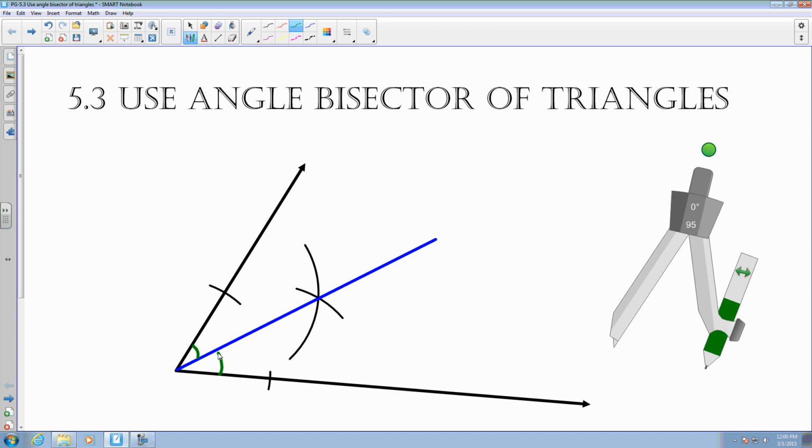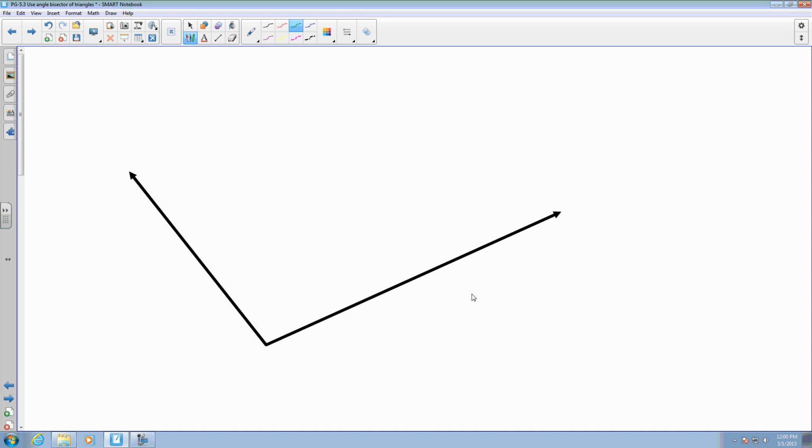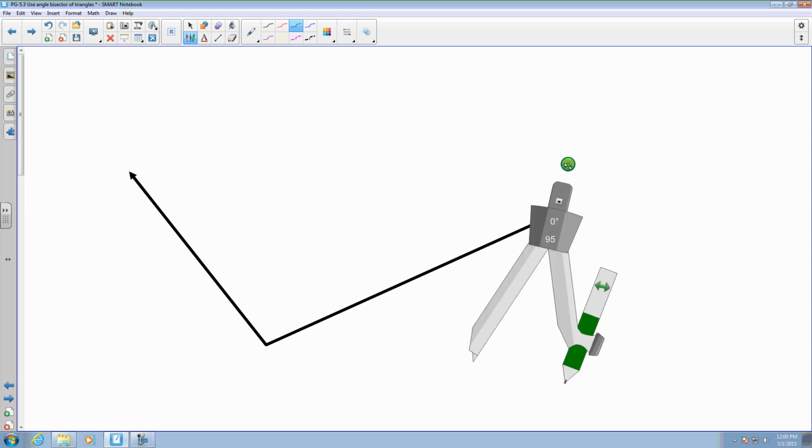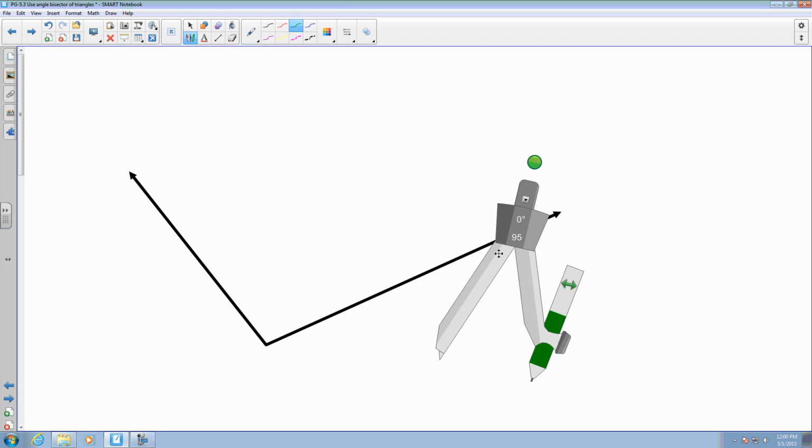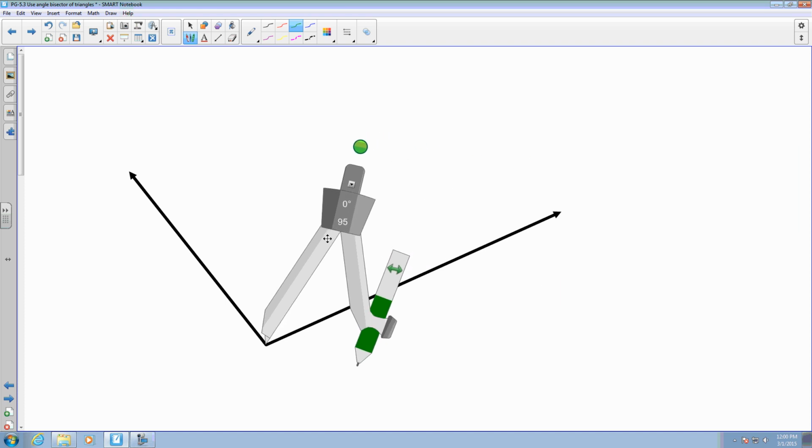So how we construct angle bisectors from an angle is we got to do this. So if we have an angle such as this, what I need to do is I need to get my compass. And first thing I got to do is I got to put my compass on the angle that we're going to bisect.